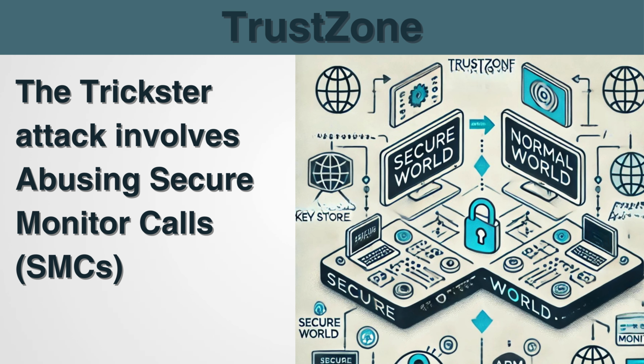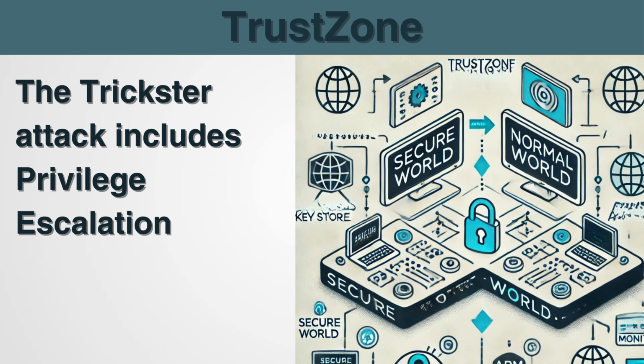The Trickster attack abuses Secure Monitor Calls, SMCs, taking advantage of improperly implemented or vulnerable SMCs, which act as the bridge between the secure and normal worlds. By crafting malicious SMCs from the normal world, attackers can trick the secure monitor into exposing sensitive operations or memory. Once the attacker gains access, they can escalate privileges to execute code in the secure world, effectively compromising the Trusted Execution Environment, TEE.